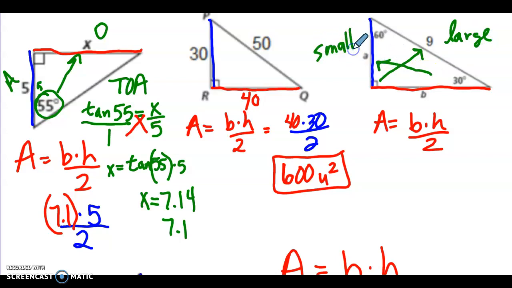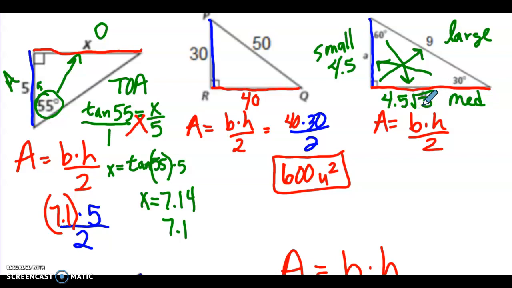Remember the relationship between a small and a large on a 30, 60, 90 is that the large is double or the small is half. So this side would be 4.5. The medium, so the one across from the 60, the medium is the same as the small, but remember it gets a square root 3 attached to it.